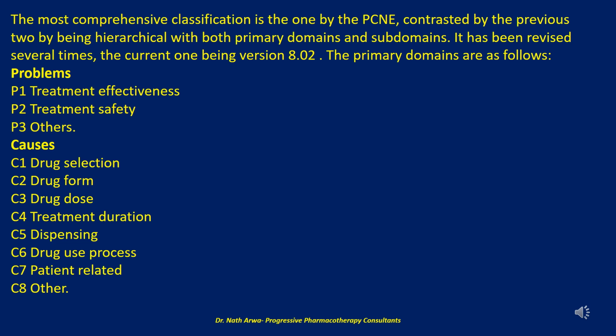Regarding causes, C1 corresponds to drug selection. C2 corresponds to drug form. C3 corresponds to drug dose. C4 corresponds to treatment duration. C5 corresponds to dispensing. C6 corresponds to drug use process. C7 corresponds to patient-related. C8 corresponds to others.